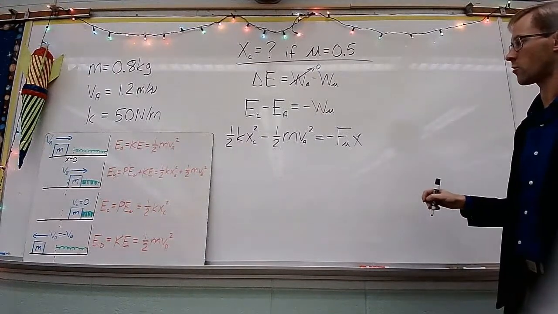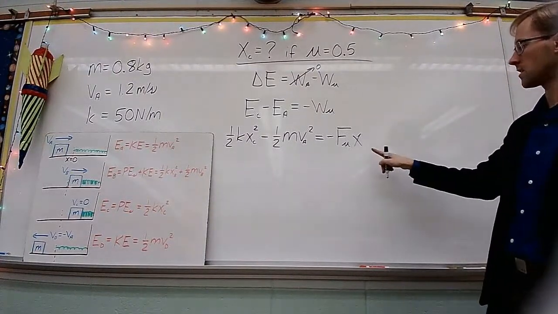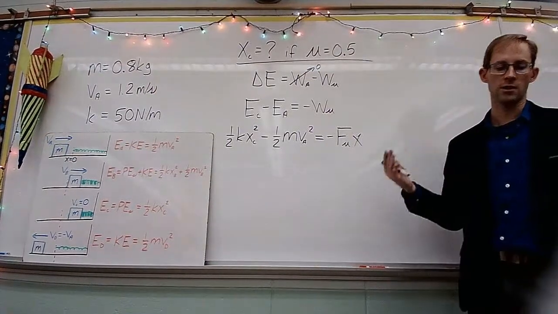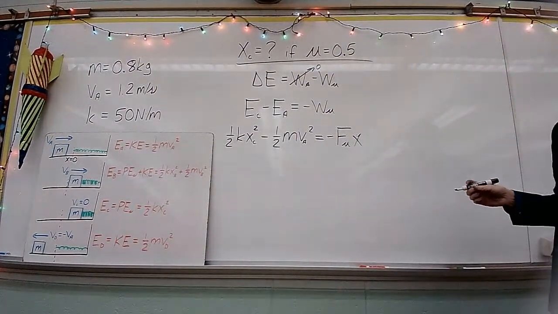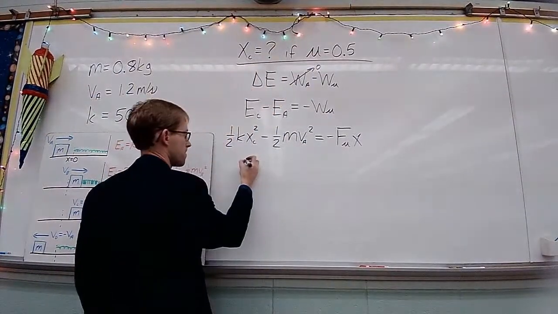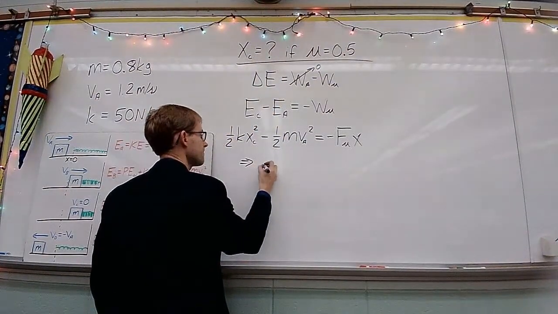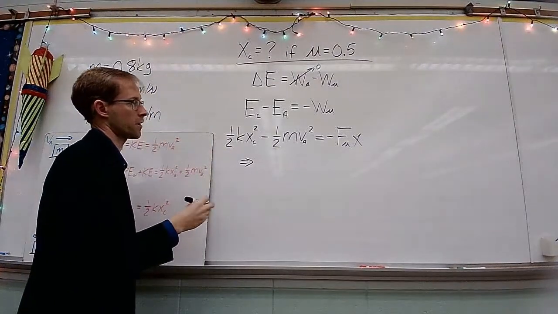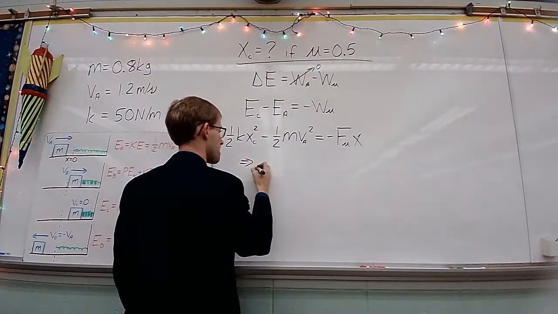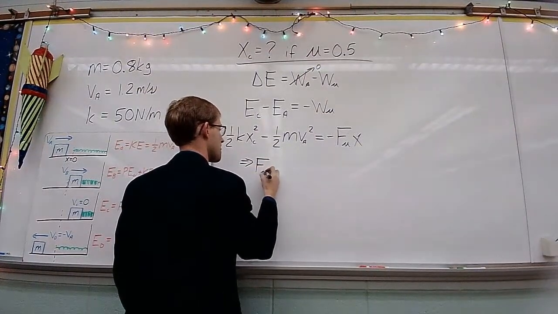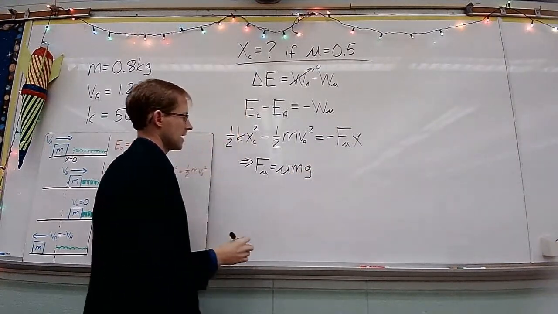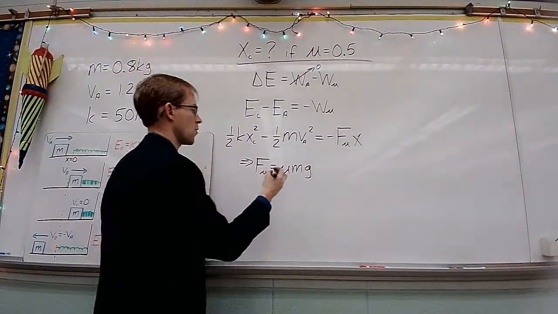So in order to actually figure it out, I need to make sure I know what this number is here, my force of friction times distance. So I'm going to go ahead and do that here. So force of friction is mu mg. And mu is 0.5.